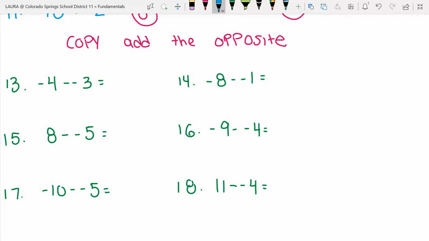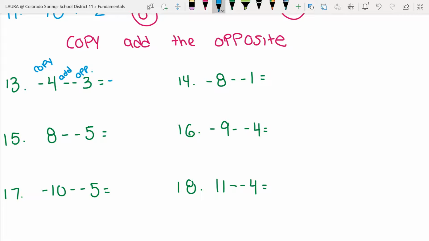All right, let's go to number 13. So you need to just kind of copy down the problems. I will do the first 3, then you'll do the last 3, and we'll move on. So 13, we have -4 minus -3. So this is a subtraction problem because there's at least one minus sign in between the numbers. So this means we copy the first number, we add, and we do the opposite of the last number.